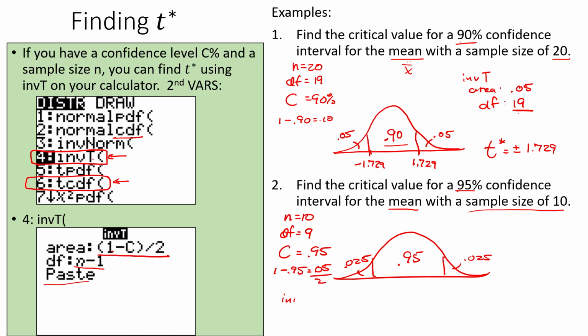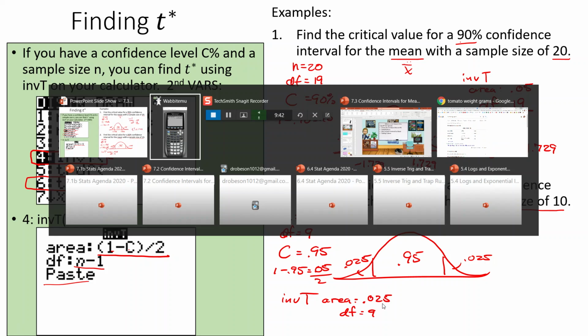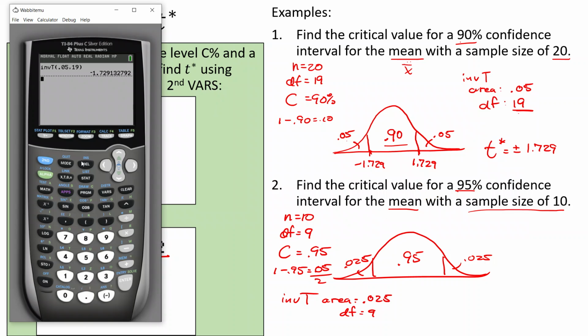Into our inverse t, we put our area of 0.025, and our degrees of freedom, we put in the 9. So second distribution, inverse t, there it is, 0.025, not 0.25, and 9.